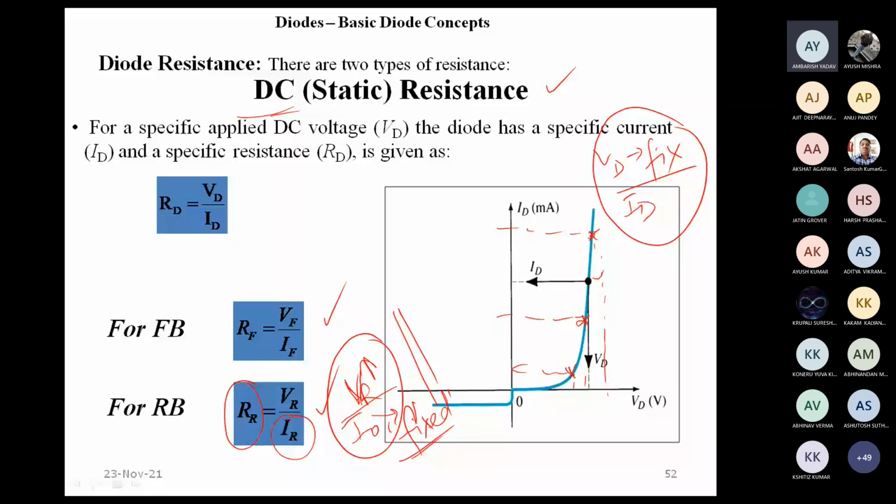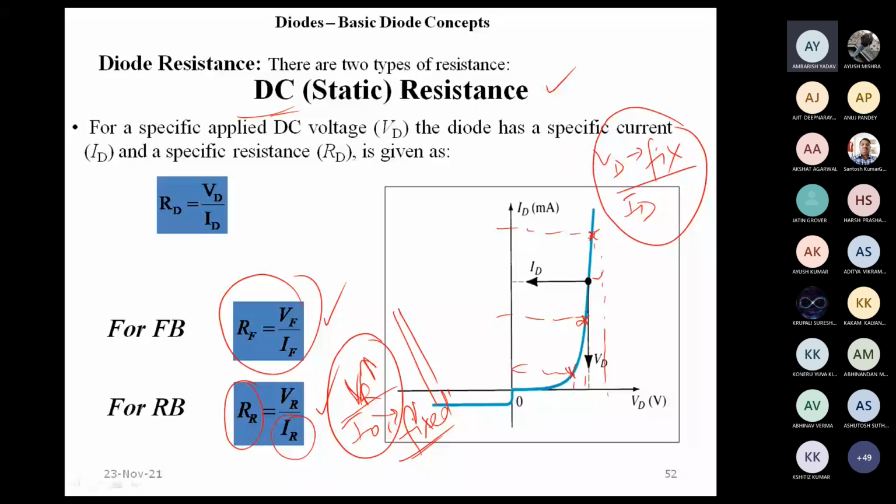As the reverse bias voltage is increased, the resistance is increasing, whereas in the forward bias, as the voltage is increased, there is more increase in the current. For a small change in the forward bias voltage, there is a large change in the current.